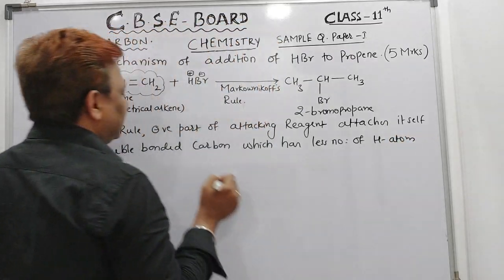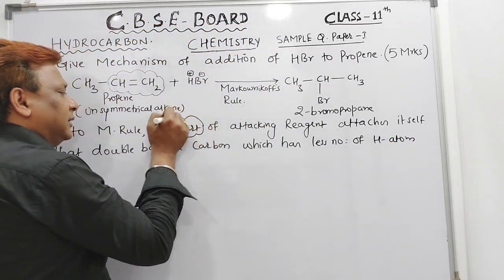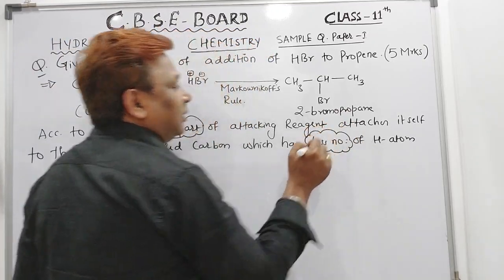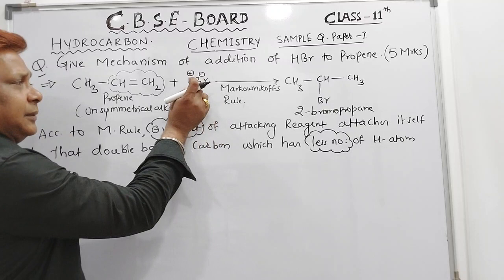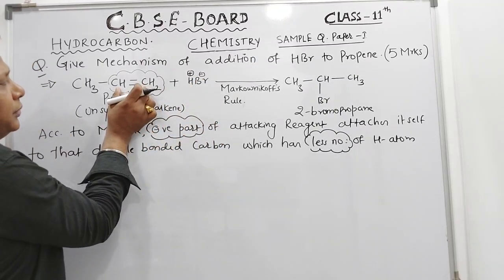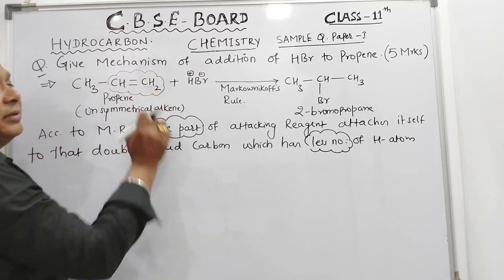See, if it is a negative part, then it will attack the double bonded carbon which has less number of hydrogens. But if it is a positive part like H plus, it will attach to that double bonded carbon which has more number of hydrogens.